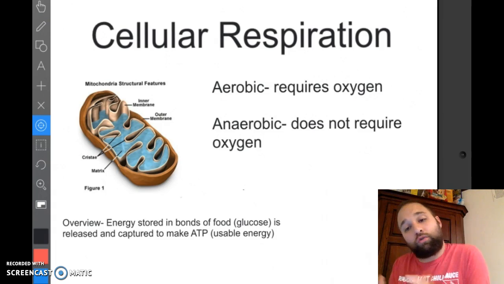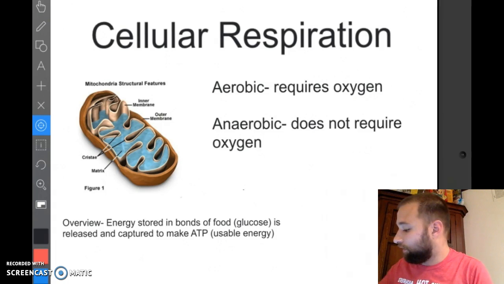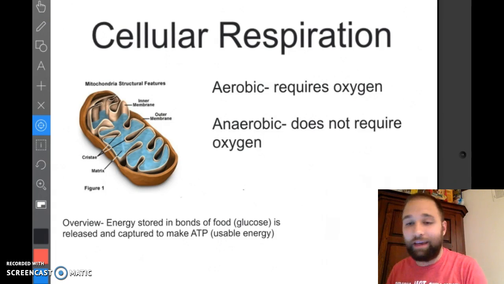So in order to release that energy, we have to break the bonds, and that's what respiration does. You can see it says energy stored, then respiration breaks the bonds, energy is released, and then that energy plus something called ADP, which we'll talk about in a second, makes ATP. And the ATP, I labeled that usable energy.